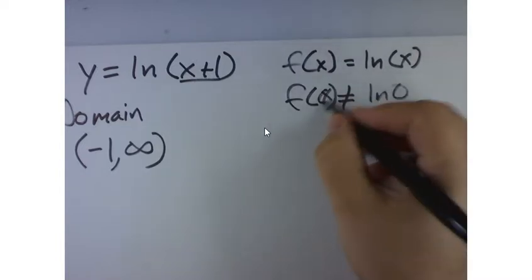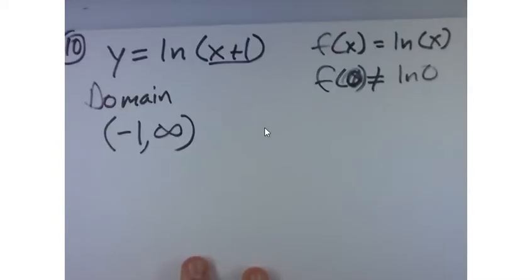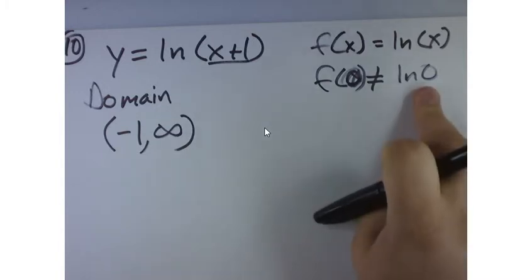So if I plug in a 0, it doesn't exist, and it can't go below 0 either. For time's sake, when I'm done with this example, we could go back and look at what the natural log is. It's the logarithmic function with the base e. And so e is raised to a number, and we'll talk about why I have to have something greater than 0 for the natural log. Okay?